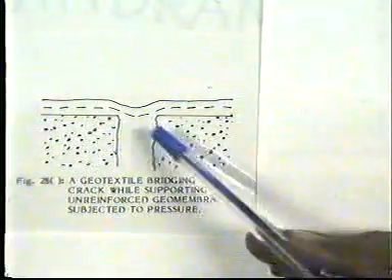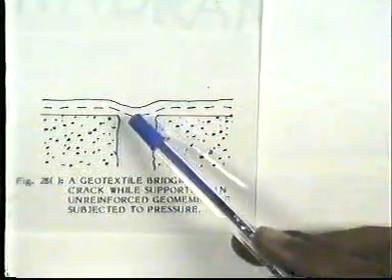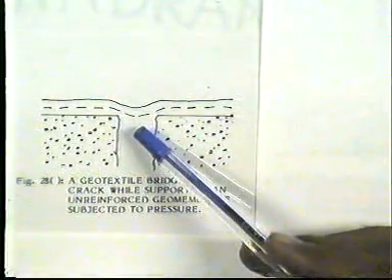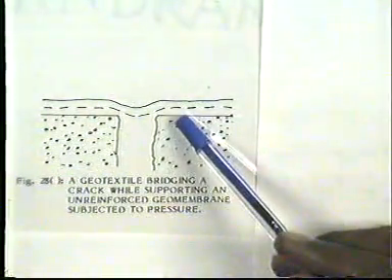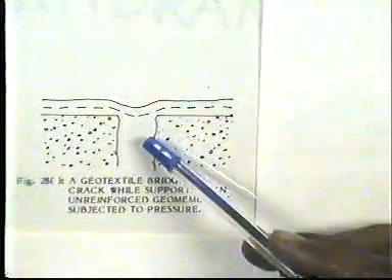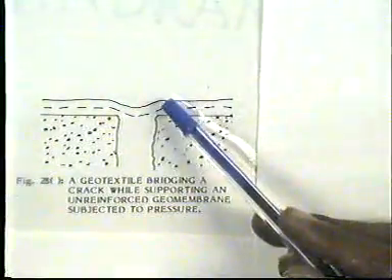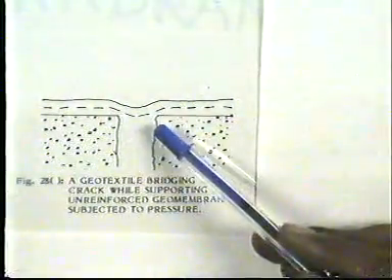The geotextile assumes a curved shape and its tension balances the pressure difference between the two materials and thus strengthens the structure.